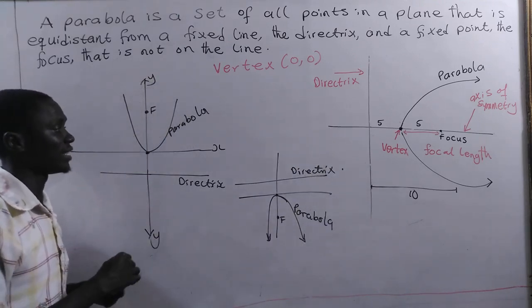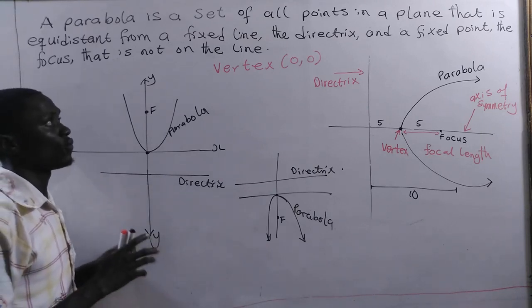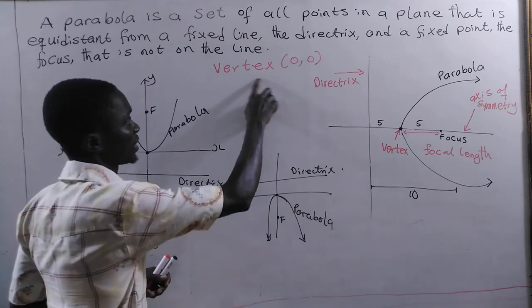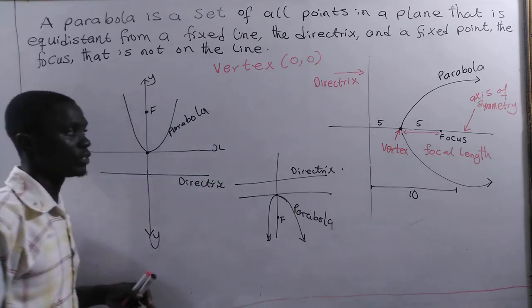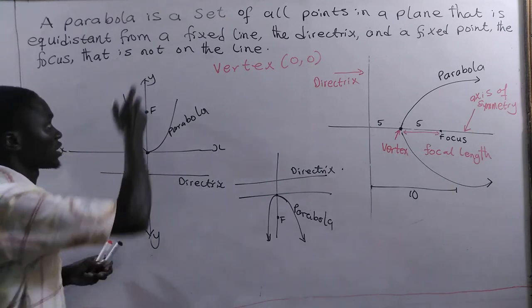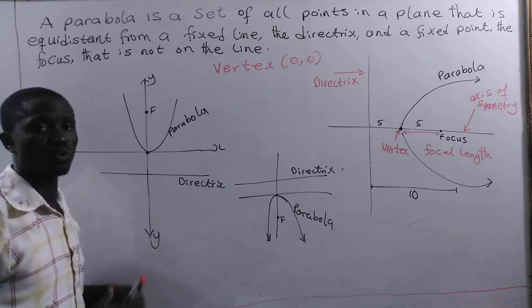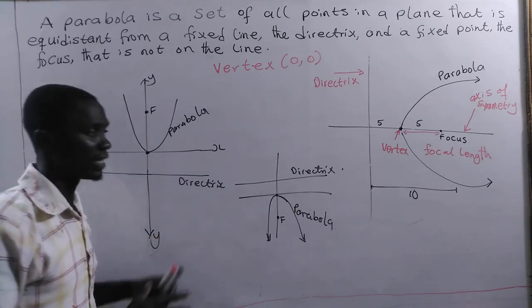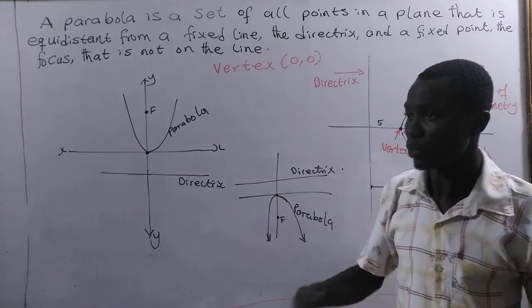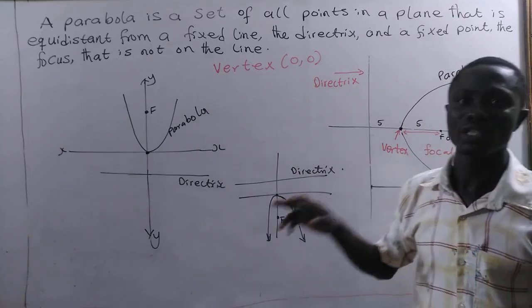So these are the standard forms of parabola that we can draw with its vertex at the point 0, 0. We can take the y-axis as our axis of symmetry. This is our axis of symmetry. We can take the x-axis also as our axis of symmetry, and in each case we can draw two forms of parabolas with vertex at 0, 0.